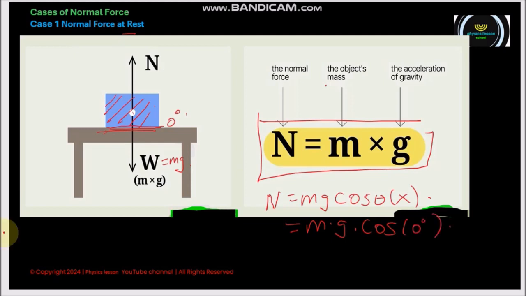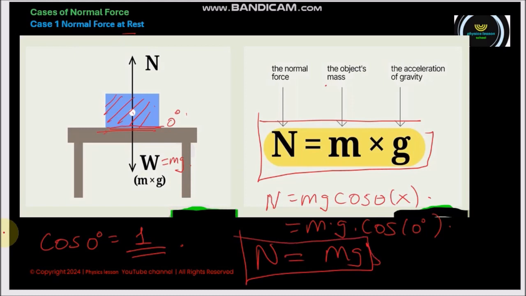In your mathematics, cos 0 degrees is equal to what? 1. So by default this equation is equal to mg. The normal force can be calculated as equal to mg. That's why on this surface we use the normal force to calculate mass times gravity.